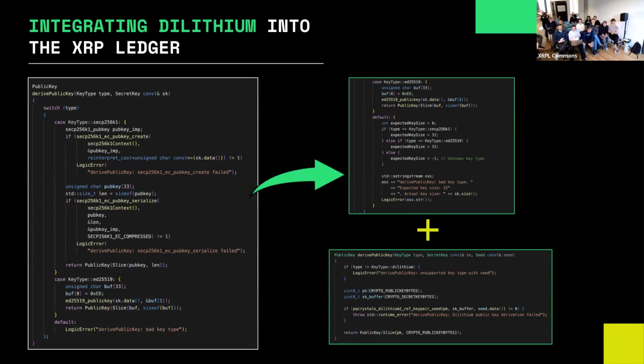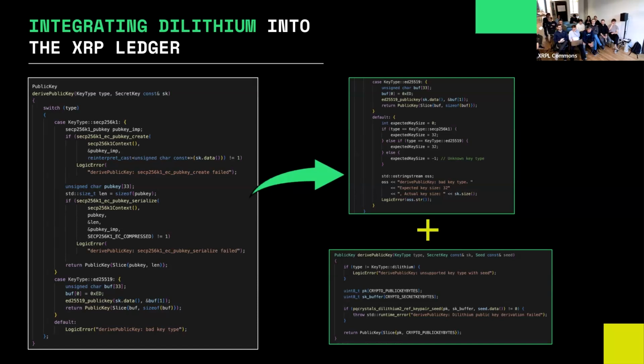Once this was done, we tried to add it as a different argument within the same function. But since XRPL's derive public key doesn't really use a seed as one of its parameters, we overloaded that function with just another parameter called seed.